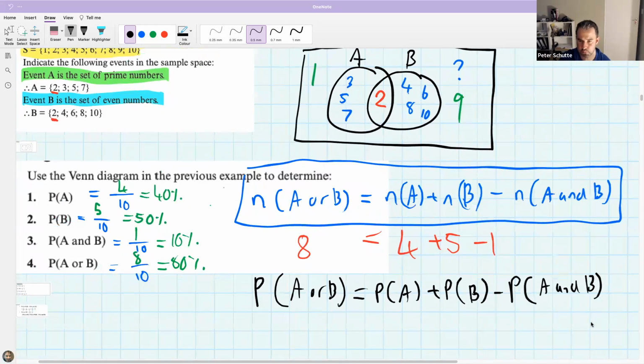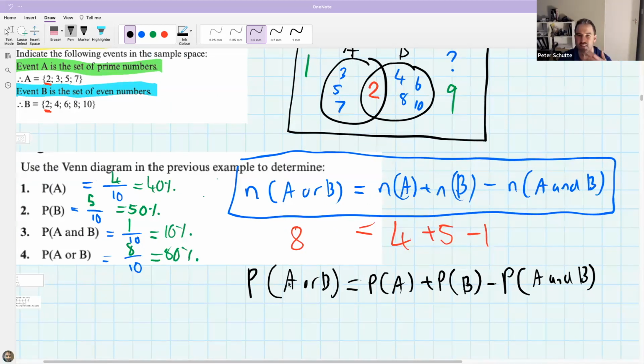So this is often, people learn these formulas, but they don't really understand where they come from. So just to show you how this works in this situation, well, the probability of A or B was just 8 out of 10. The probability of A was 4 out of 10. The probability of B was 5 out of 10.